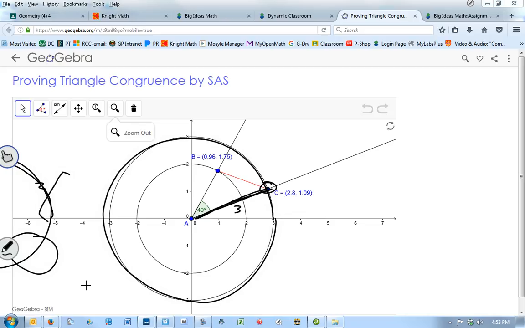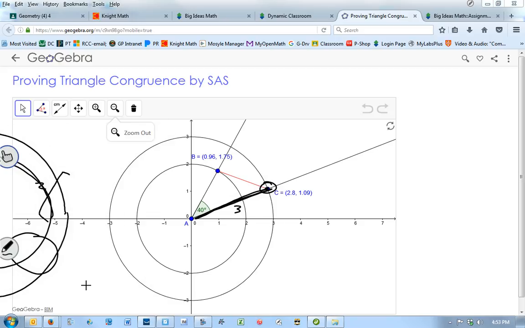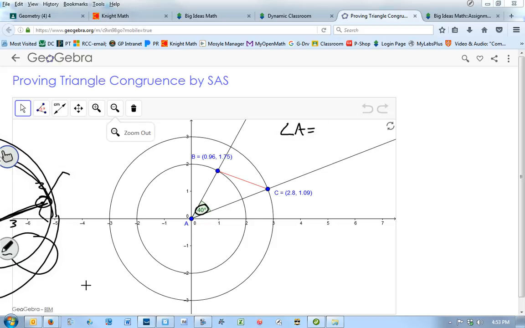What we're going to do is build a triangle and find out if it is a certain size or if it can be different. We're going to set part of the triangle to be congruent. I want angle A to equal 40 degrees, always.